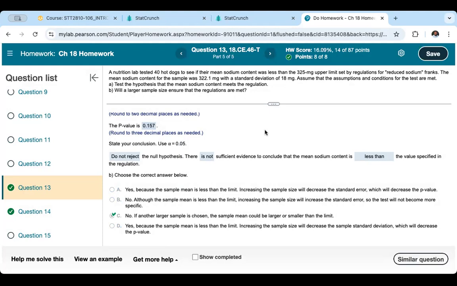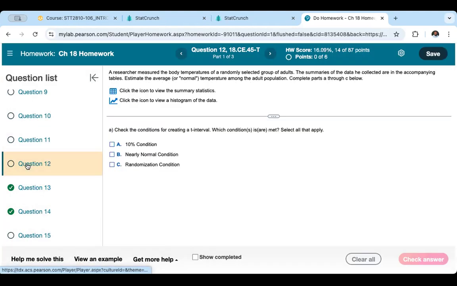Let's get to 12. So for 12, it says that a researcher measured the body temperatures of a randomly selected group of adults.